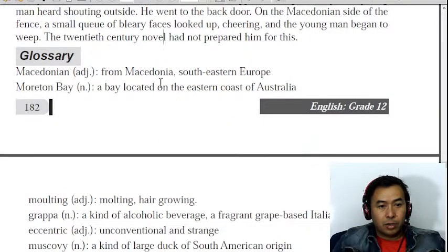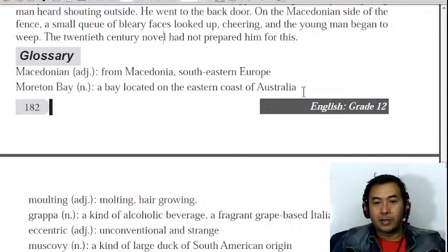Okay, coming to the glossary, let's understand the word meanings of these parts we have learned. Macedonians, from Macedonia, southeastern Europe. Moreton Bay, a bay located on the eastern coast of Australia.